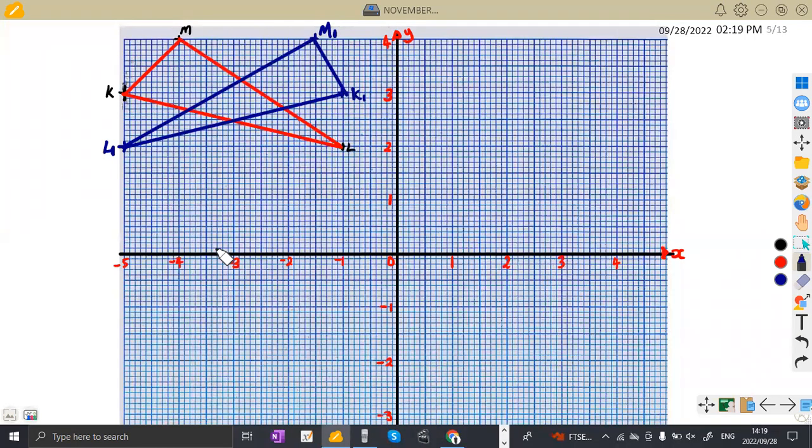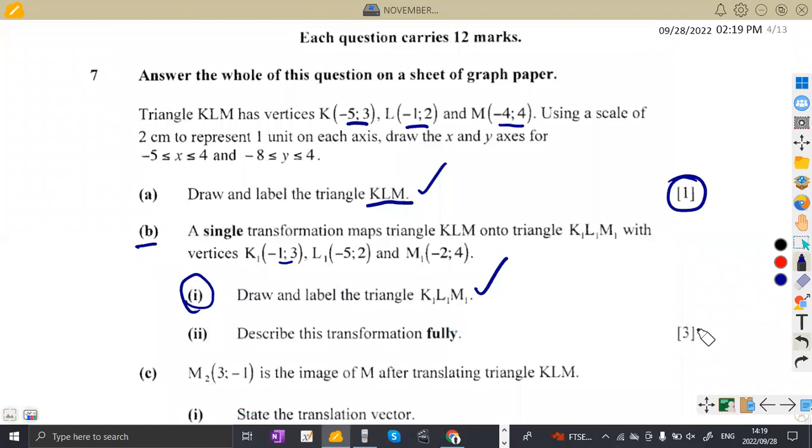Okay, so from these two triangles, what is the question about? The question is to describe the single transformation which maps triangle KLM onto K1, L1, M1. As you can see, this is our image, and KLM is our object. So this is your object here.